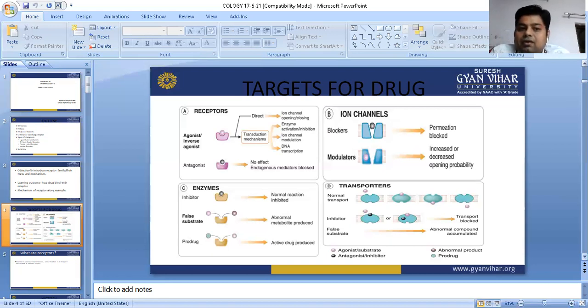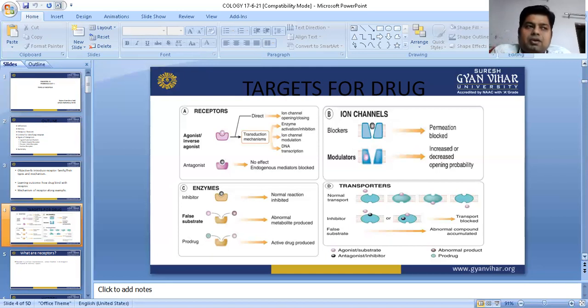Next thing, when an antagonist is going to bind with the receptor, the antagonist can bind with the receptor, but it is unable to perform any kind of conformational change of the receptor. That's why there is no effect. Ultimately they bind with the receptor, but they also have pharmacological action. In the case of drug toxicity, at that time we need to give the antagonist of the same type of substance, for example naloxone.